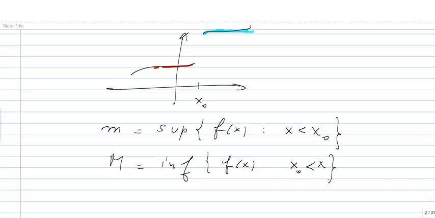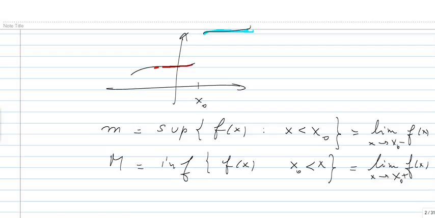So I'm claiming, in fact, that this one is the limit of f of x when x goes to x0 minus, from the left, and this one is the limit of f of x when x goes to x0 from the right.